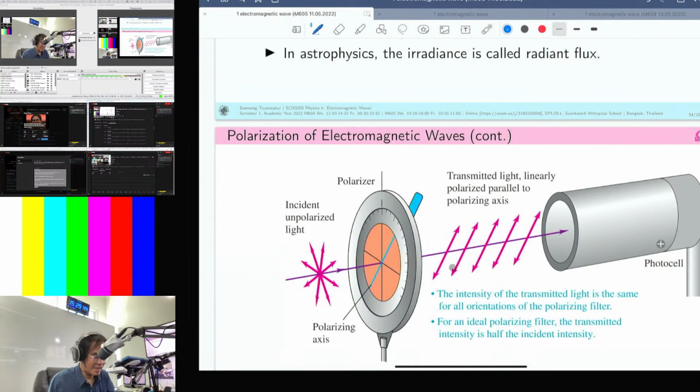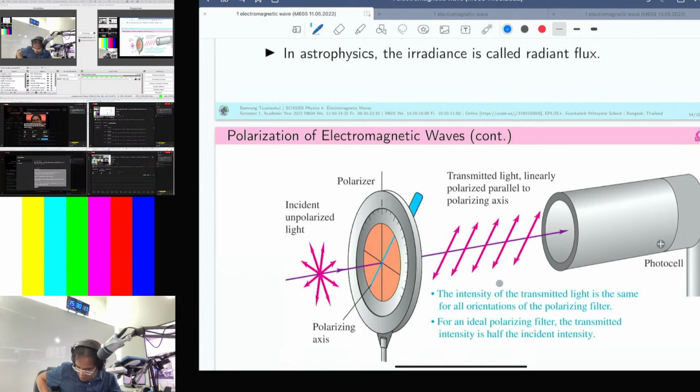Only the wave that has the orientation of the E field like this will be allowed to propagate through this filter, and after that the light will go to the photocell detector, which detects how much photon they receive, how much intensity the light has delivered.